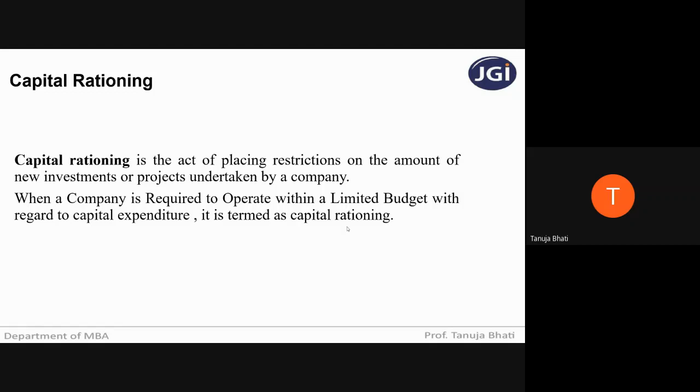It is based on the salary of your parents, on the expenditures that you're going to incur, and on the savings that you're going to set aside. Suppose your parents are earning 15,000: some portion goes to savings, some to unnecessary expenditures, some to uncertain expenditures, and the remaining amount is your budget within which you have to run the house. This budget will obviously be decided by your parents.